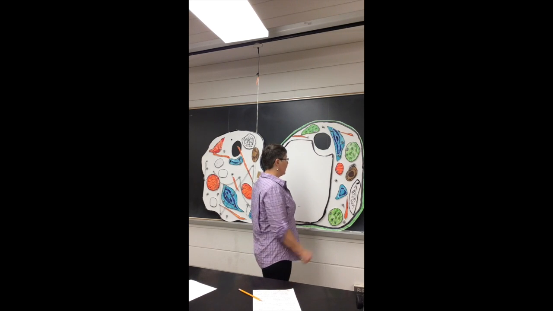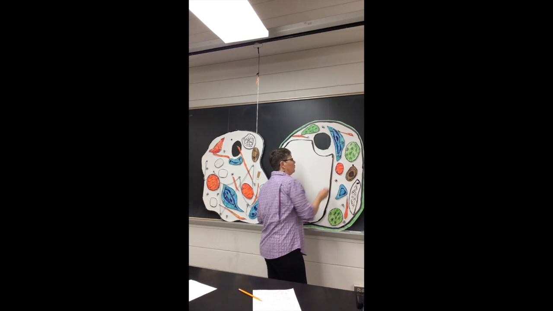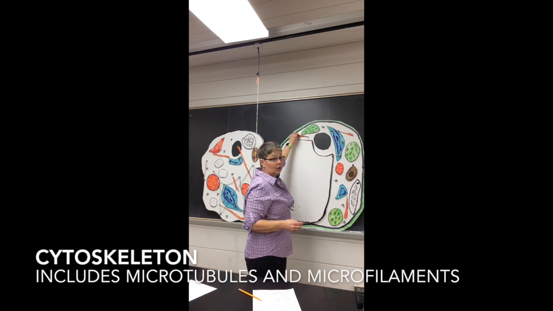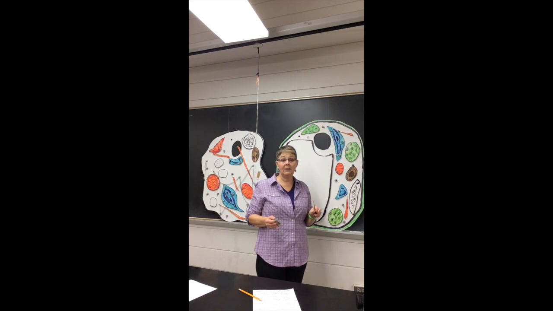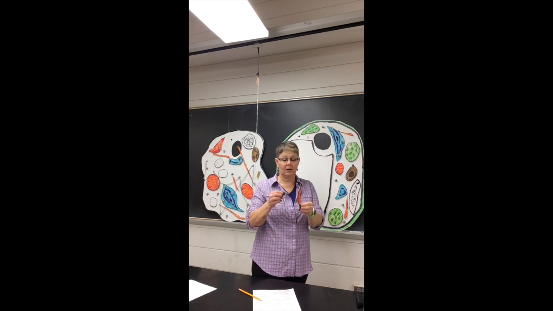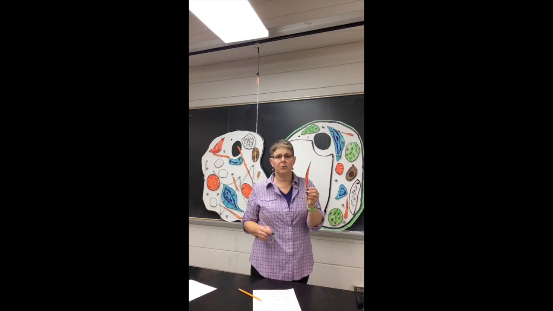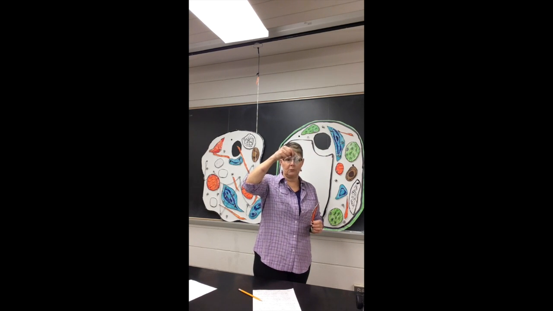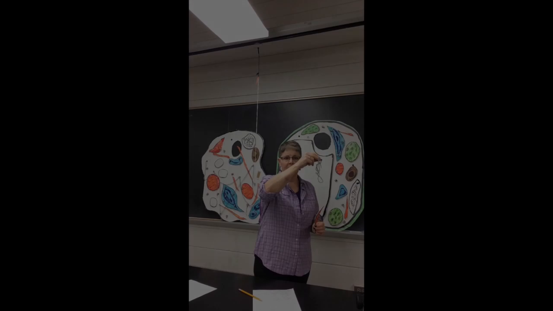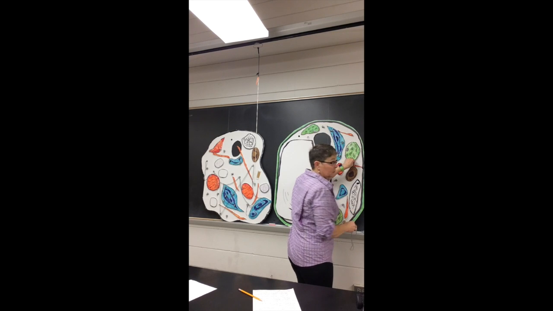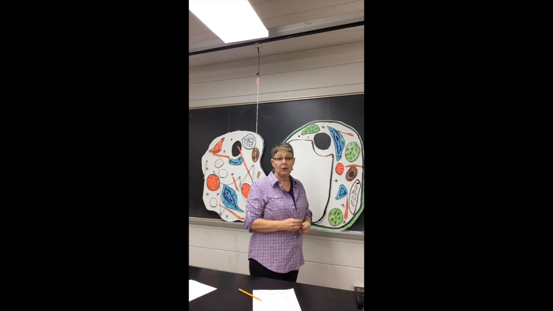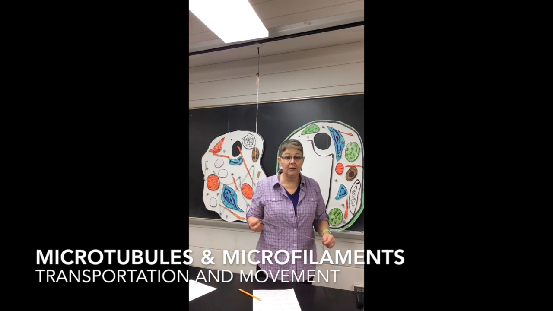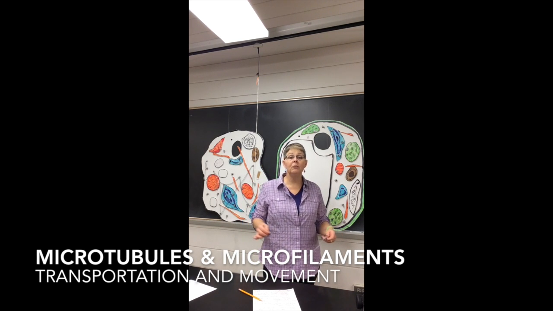Now we're looking at two things that form the cytoskeleton in a cell. This is a microtubule, and this is a microfilament, which is just gray yarn. What both of them do, the function for both of those, is transportation and movement.